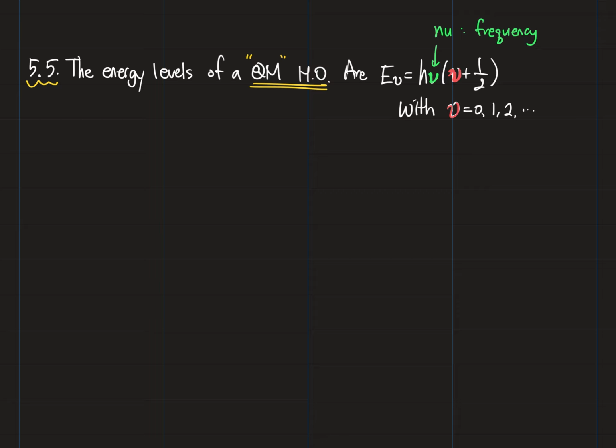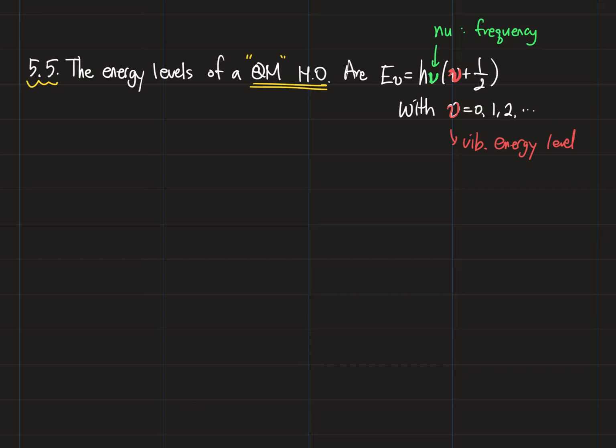This represents the vibration energy level. They are totally different things, but they look very similar. So please be careful when you write the expression for the harmonic oscillator energies.